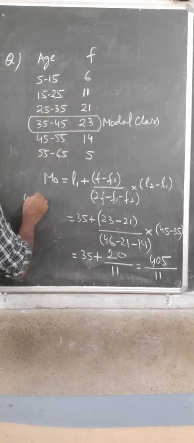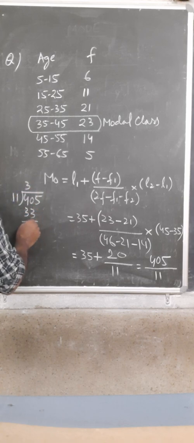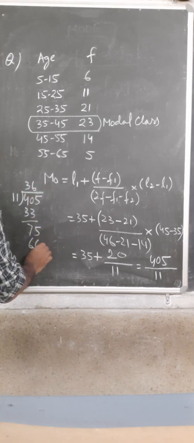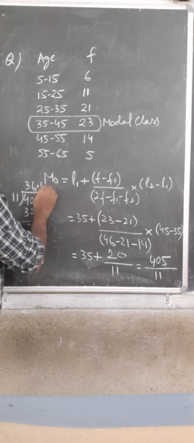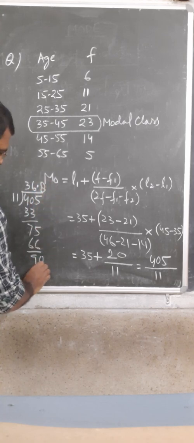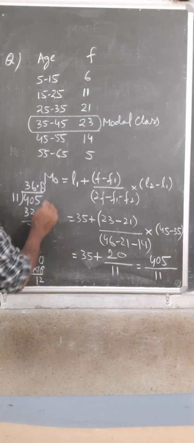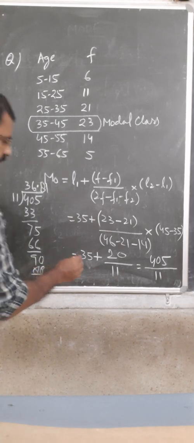So now divide 405 by 11. It is almost 36.81.